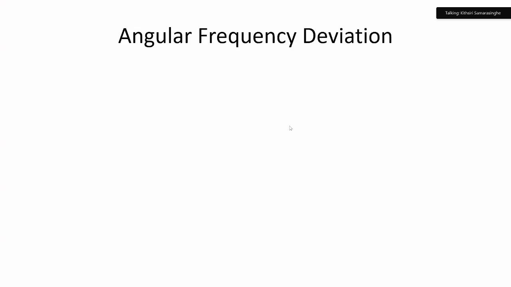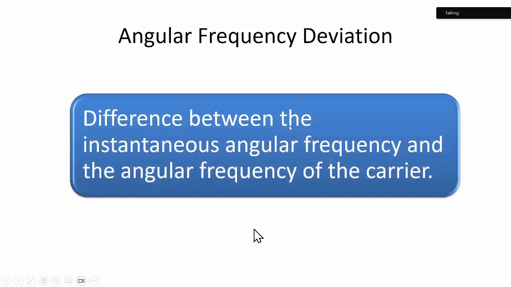By multiplying it with 2π, you can get angular frequency deviation. The difference between the instantaneous angular frequency of the carrier and the reference angular frequency of the carrier. Let us define it as omega i minus omega c.